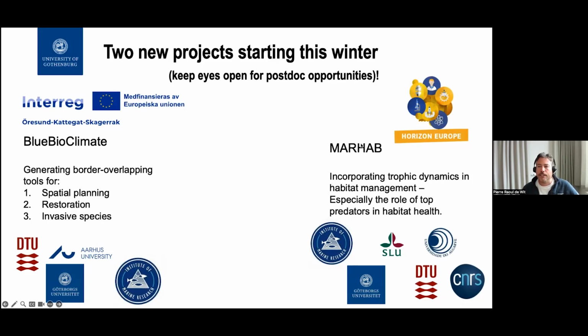And the other project is a Horizon Europe, so it's an EU project called MARHAB, or including trophic interactions in marine habitat restoration is what the long name is for that. And the idea here is to incorporate trophic dynamics in habitat management. So on the EU scale, a lot of the protection and restoration efforts come from the Habitat Directive, which focuses a lot on habitat forming species.